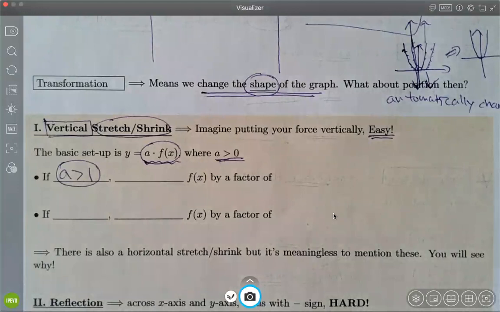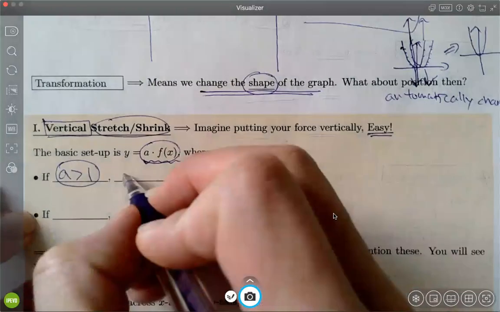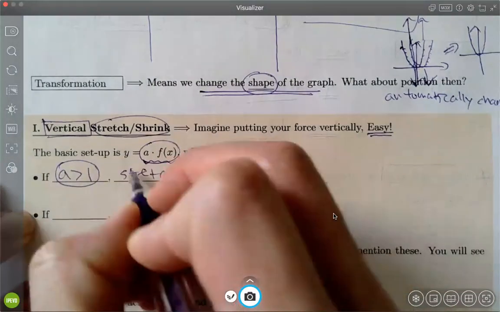That's kind of like a bigger number. Is it stretch or shrink? What do you think? Stretch, yes.